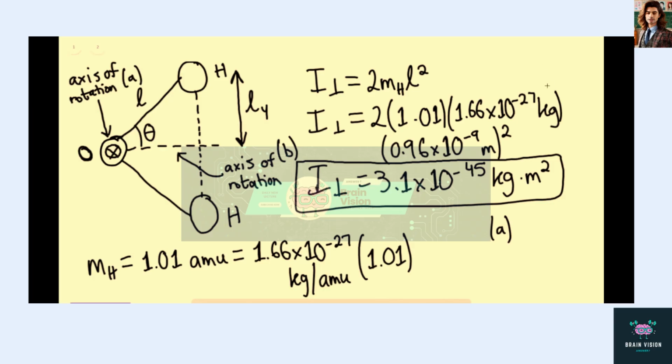Either way, you don't account for the mass of the oxygen atom, because the distance between the oxygen atom and the axis of rotation for both cases is going to be 0. So you do not account for that in the moment of inertia.